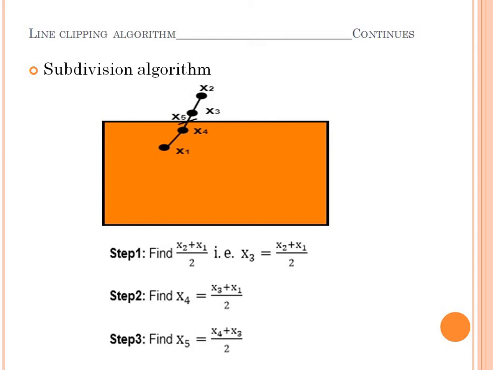The formula is x3 equals one endpoint plus the second endpoint, divided by 2. So x3 is the midpoint of x1 and x2. Then we calculate x4, which is (x3 plus x1) divided by 2. Then x5 is (x4 plus x3) divided by 2.